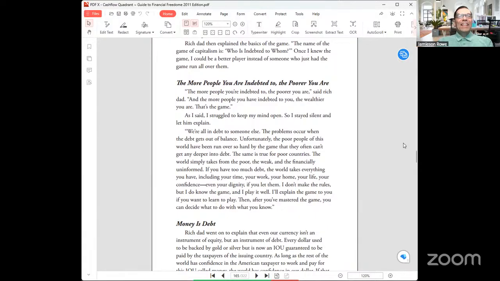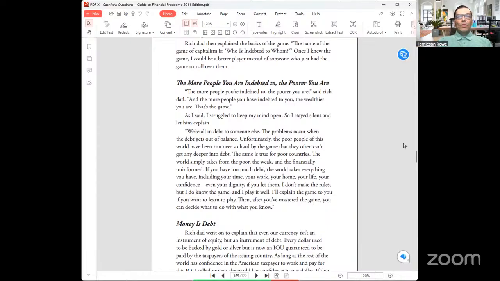As I said, I struggled to keep my mind open, so I stayed silent and let him explain. We're all in debt to someone else. The problems occur when the debt goes out of balance. Unfortunately, the poor people of this world have been run over so hard by the game that they often can't get any deeper into debt.